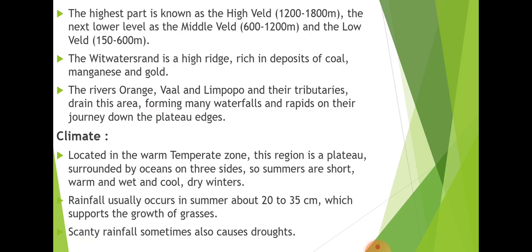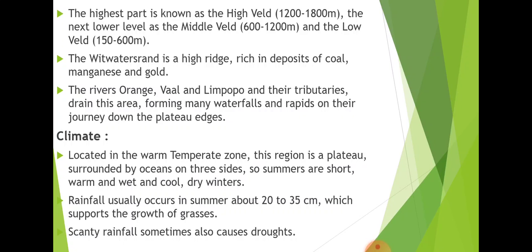So as you can see, a very minimum amount of rainfall is there. So natural vegetation is like that only. When the summers are very warm and the winters are very cool, the rainfall is very less, and due to that the area supports only grasses.